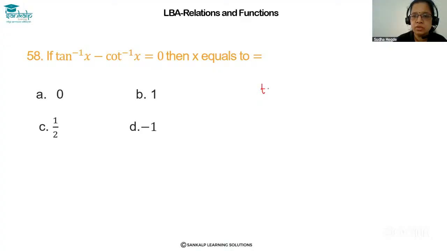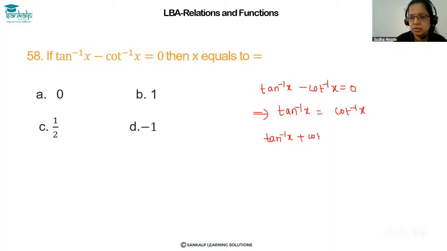So tan inverse x minus cot inverse x is equal to 0. This implies tan inverse x is equal to cot inverse x, correct? Now you take the identity tan inverse x plus cot inverse x is equal to pi by 2.